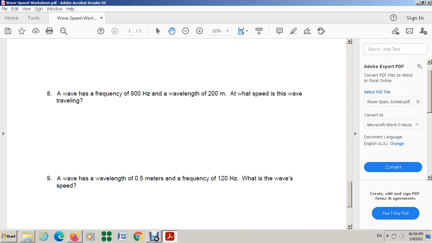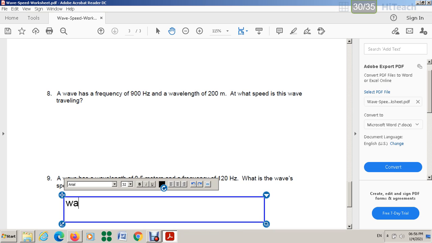In this example, a wave has a wavelength of 0.5 meter and a frequency. You have the wavelength and you have the frequency, and you need the speed also. It's like example 8: wave speed equals the frequency times wavelength.